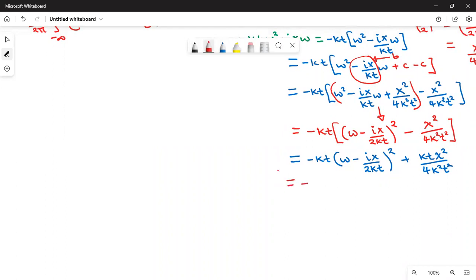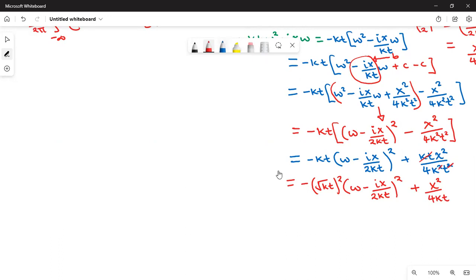Remember, kt is the same as the square root of kt, squared, times omega minus iota x over 2kt, again squared, plus, you see the kt will cancel with these powers, so that we have x squared over 4kt.